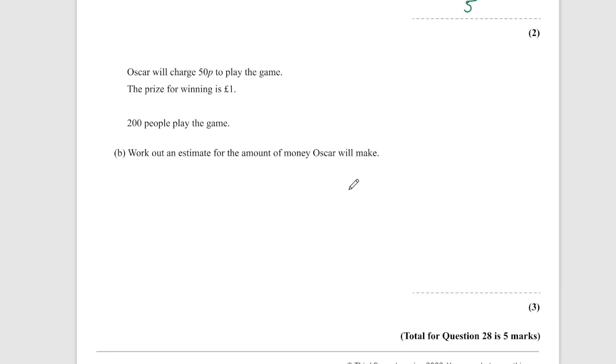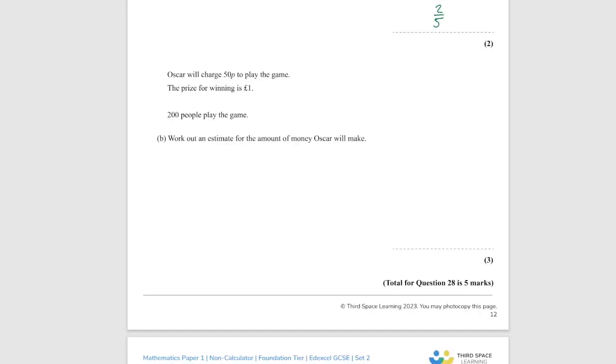And then for part B, we've got Oscar will charge 50p to play a game. The prize for winning is £1. 200 people play the game. Work out an estimate for the amount of money that Oscar will make. Okay, so if he's charging 50p a game, we would expect him to make £100.